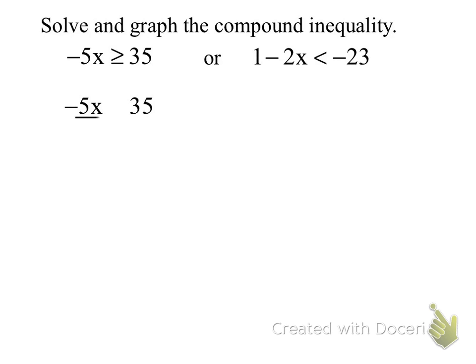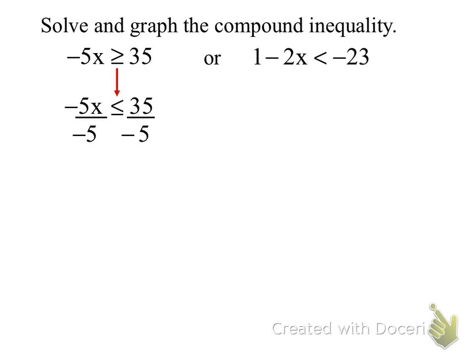And then you'll cross out the negative 5 from negative 5x, and then you'll end up with negative 7 on the right side. And the answer is x is less than or equal to negative 7.